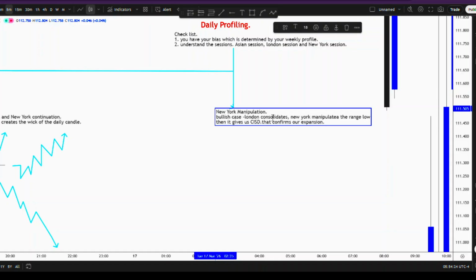Yeah. So after that, that is in case of a bullish scenario.